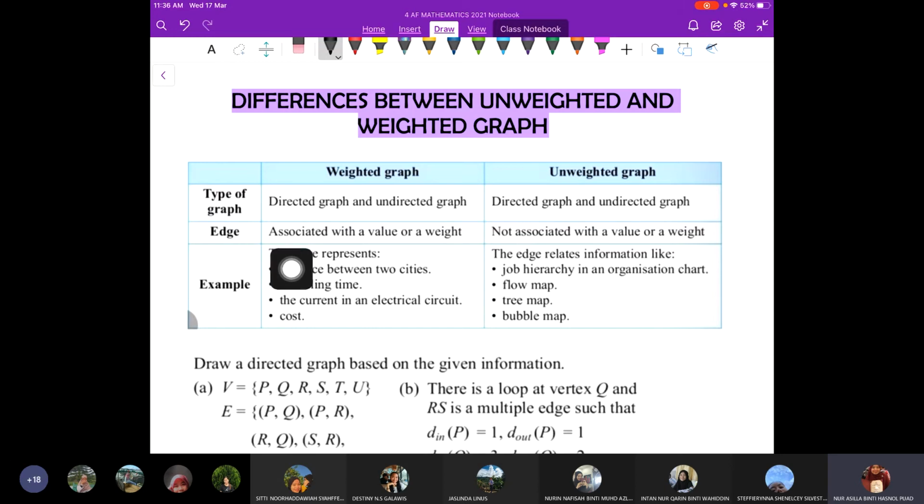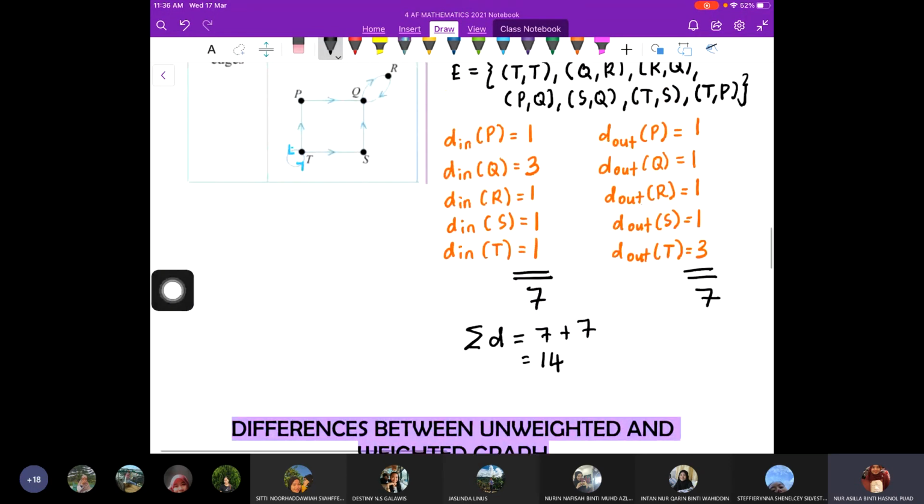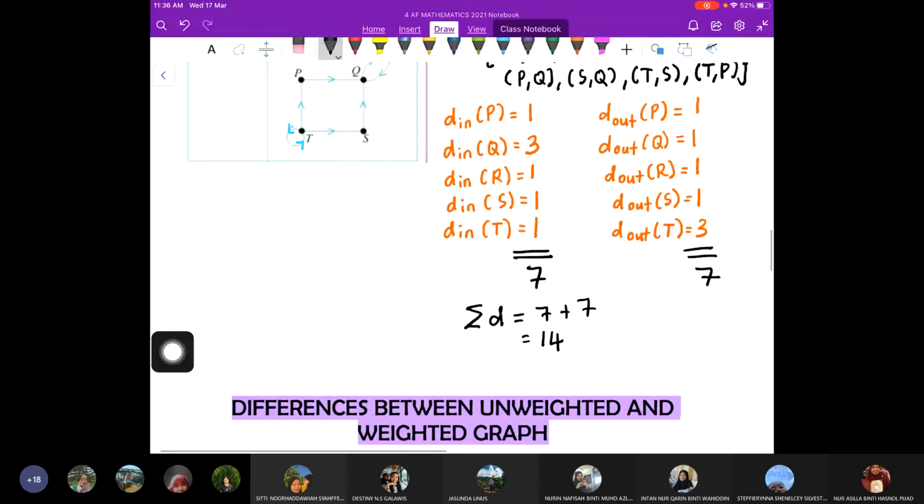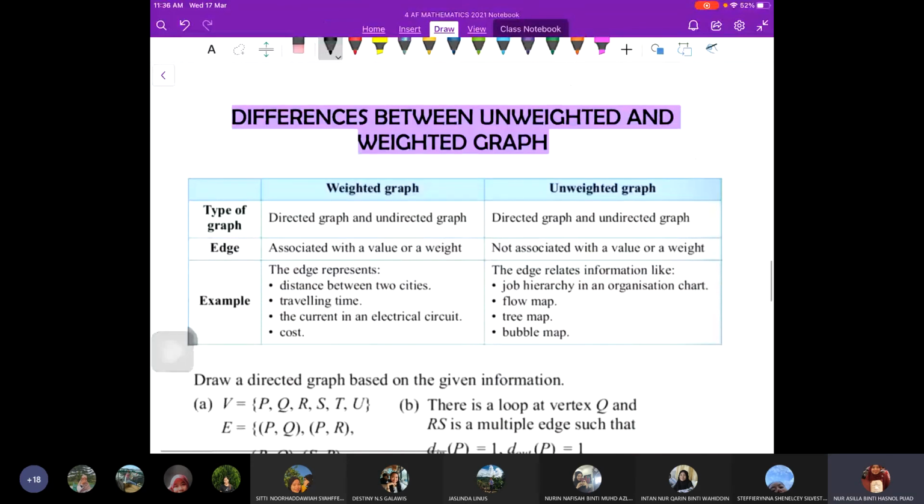Okay, the edges in a weighted graph have a value, or weight or whatever. But for an unweighted graph, there is no value. So like the ones above, all we have done before is unweighted graph. There is no value.